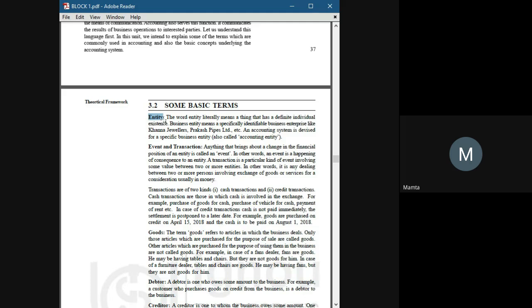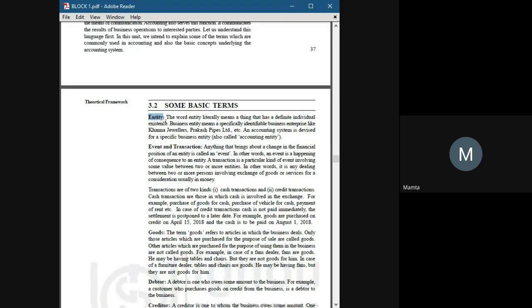Entity is a separate legal entity. Every business has a name, and that is known as entity. Sometimes we purchase land and building or assets in the name of our business. Suppose Apple company is purchasing a land in the name of Apple company, then it is not related to a real person, but it is related to an artificial person.